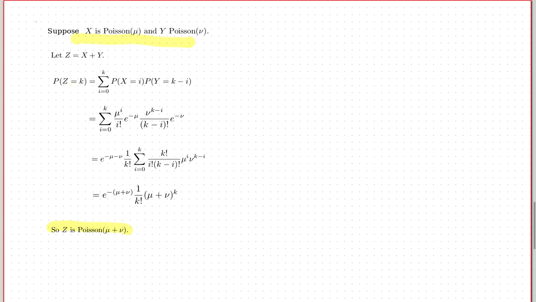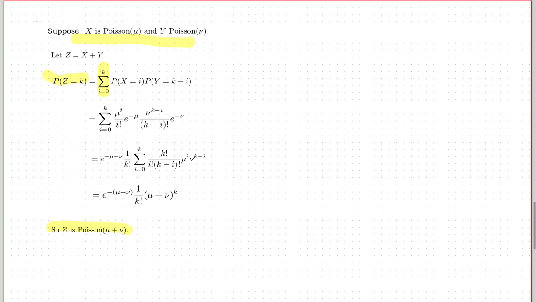It's pretty straightforward. You just say, how do you compute the probability that z equals k, where z is equal to x plus y? Well, there are a number of ways that z could be equal to k. Basically, any combination of x and y values that sum up to k would make z equal to k. So we simply sum up over all those possible combinations of x and y values whose sum is equal to k, right?